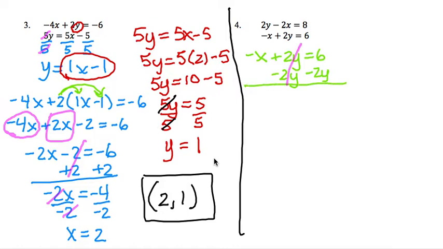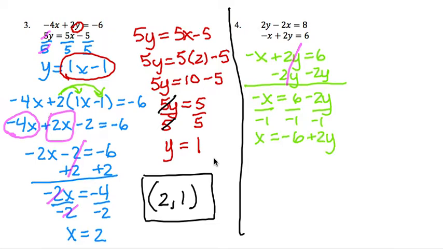So these are gone, meaning I can say that negative x equals 6 minus 2y. And then I need to divide every term by negative 1 so that I can find out what x is equal to. So these negatives cancel. And I can say that x is equal to negative 6 plus 2y.